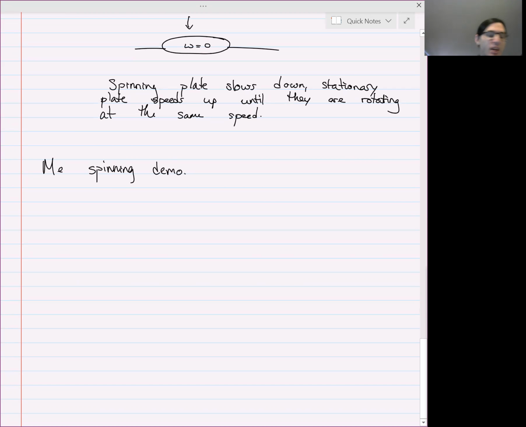The strange thing about what you guys just saw, and this was really strange to me when I first saw it as an undergrad, is that there's no system where you just have translational motion, where a thing suddenly gets faster and then suddenly gets slower without any external forces acting, right? The system that I was in, me and the chair, those were the only things that were actually in the system, right?